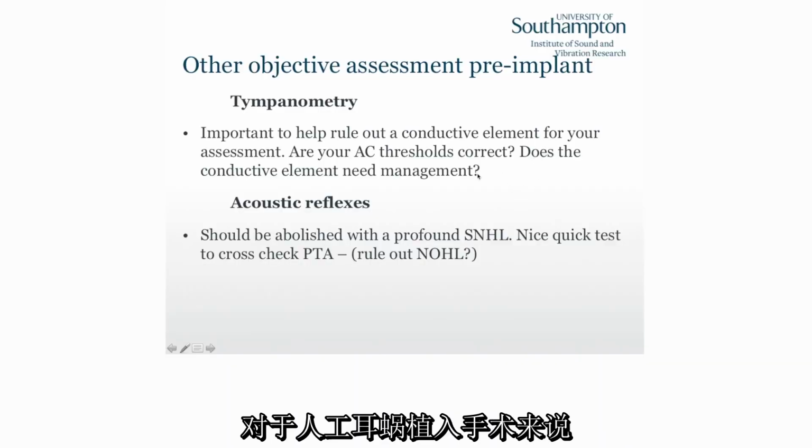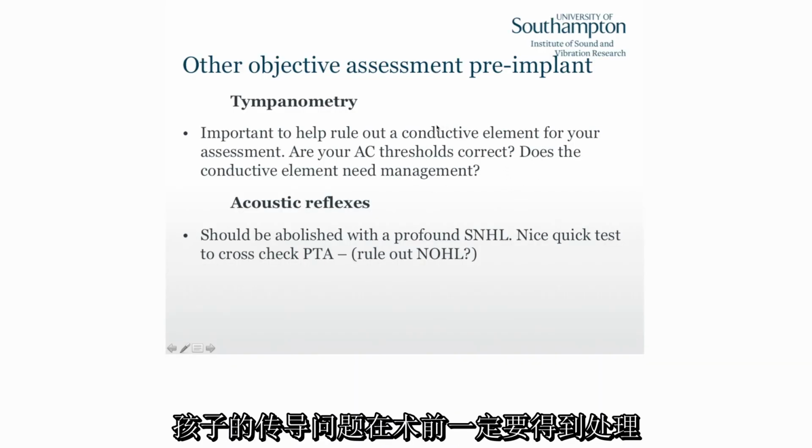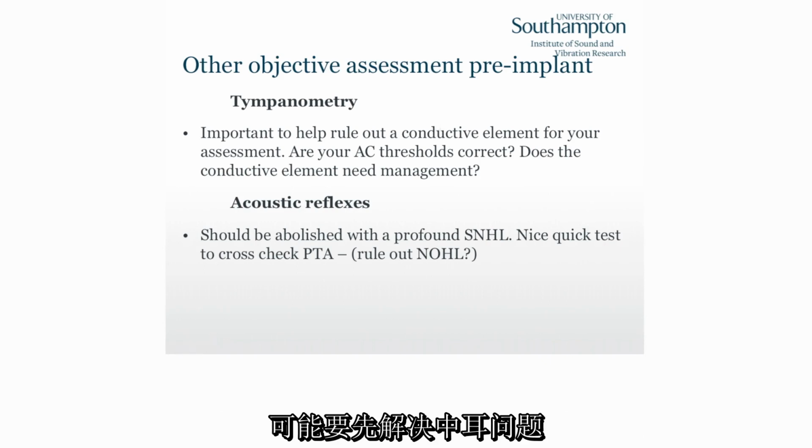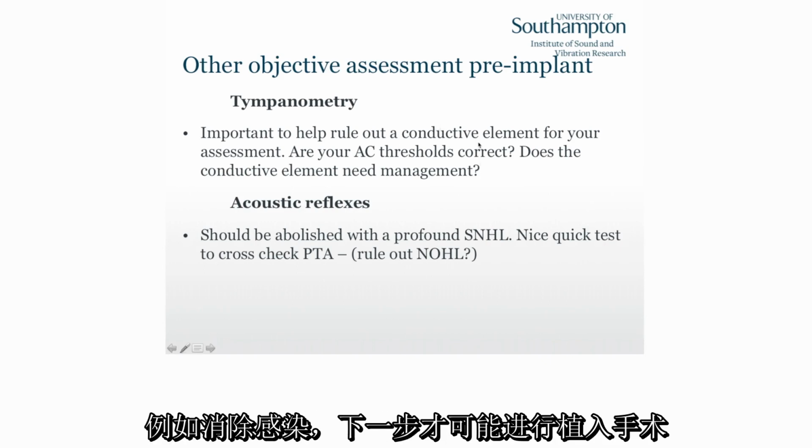And for implantation, a big consideration for children who've got conductive elements is, does that need management before implant surgery is carried out? So it might be that some treatment for the middle ear issues is done first, for example, to clear up any infections, and then once that's cleared up, then implantation surgery might be the next step.